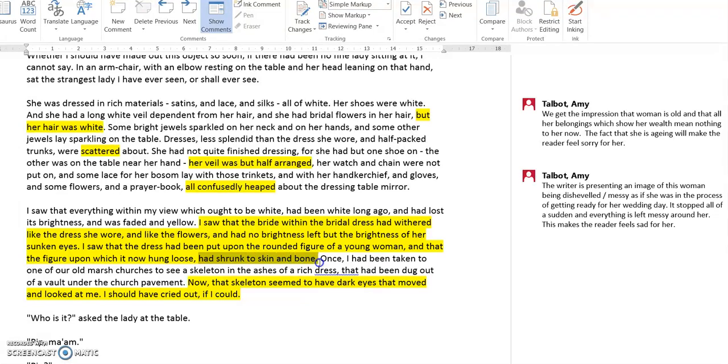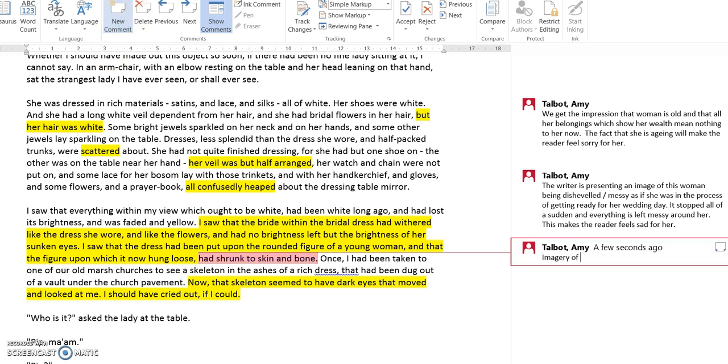So that imagery of her being withered and having shrunk to skin and bone also makes us feel sorry for her. And I'm using my subject terminology there, imagery of her decaying, makes us feel sorry for her.